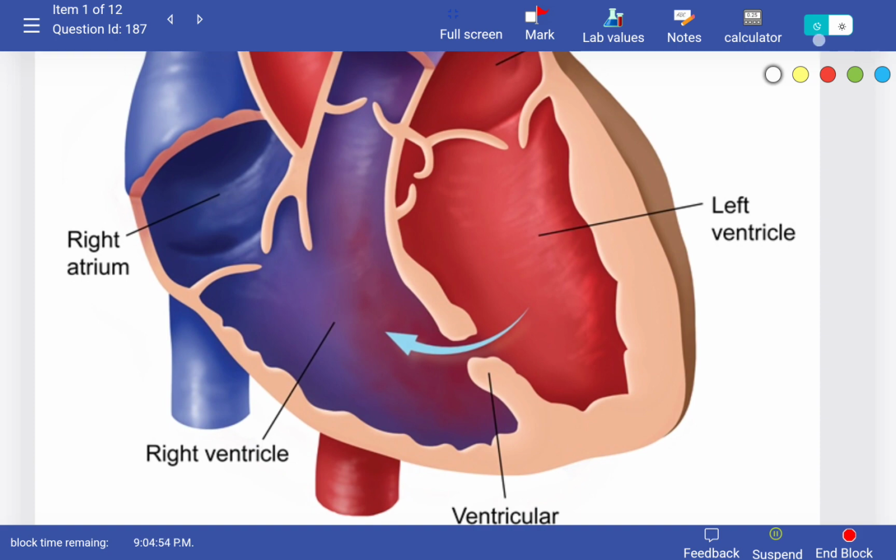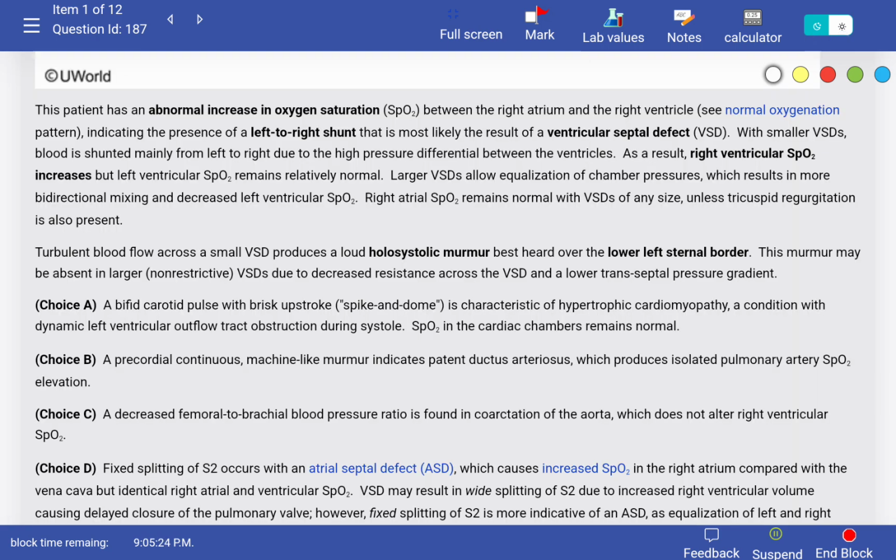So there might be some hole here which would allow the oxygenated blood to flow, so that's why the saturation would be increased on the right side, in the right ventricle. So this patient has an abnormal increase in oxygen saturation between the right atrium and right ventricle.